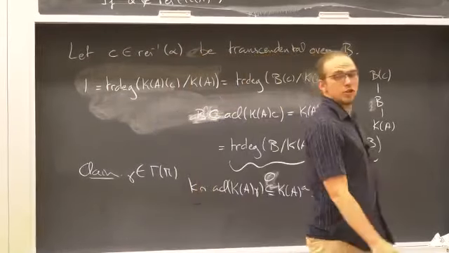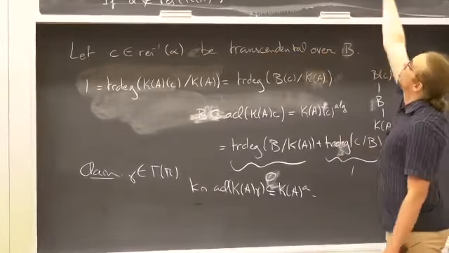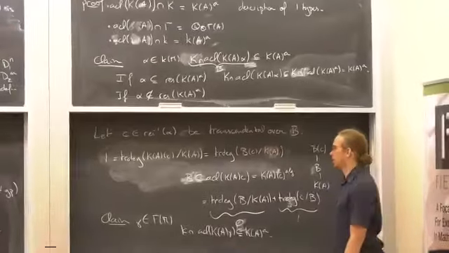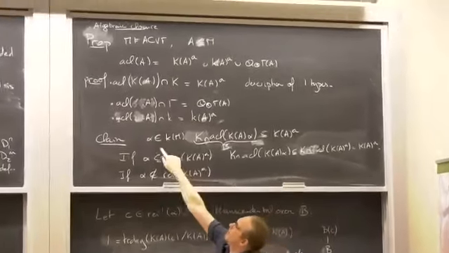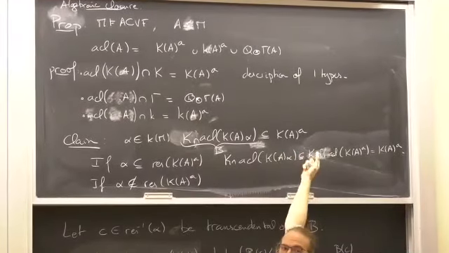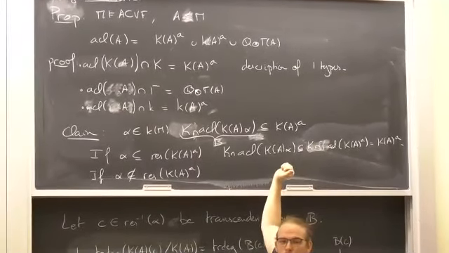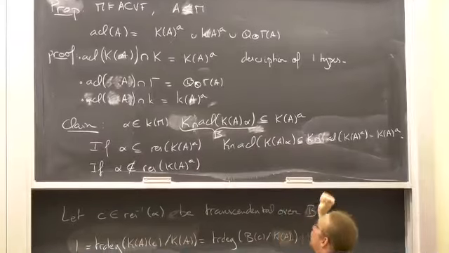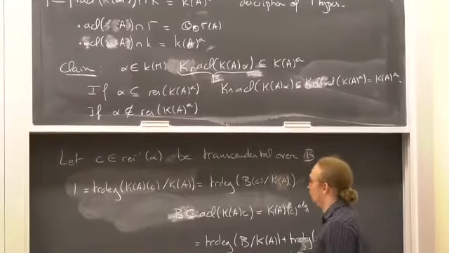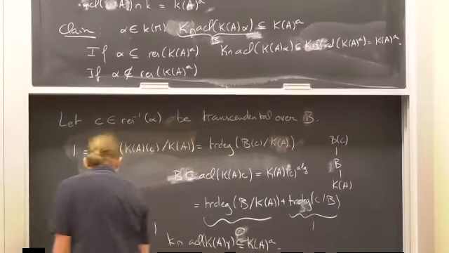And now you do an induction and you get the proposition. Because here I've added one of them, but then you can add another one and another one and another one, and you're going to get the same result. Okay, so the proposition follows by induction.